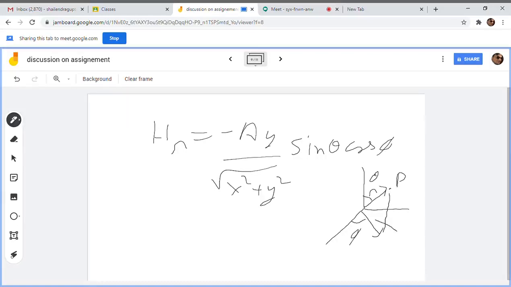So this becomes r sine theta. Op dash is under root x square plus y square, so you can directly write this as r sine theta.